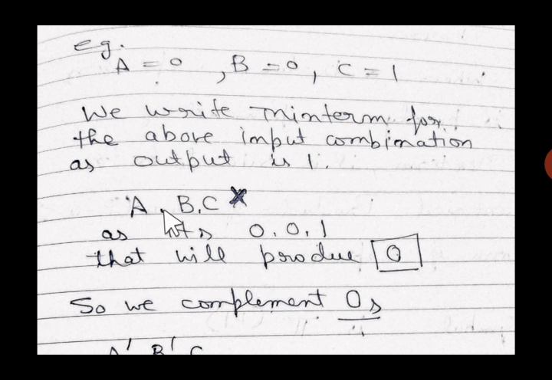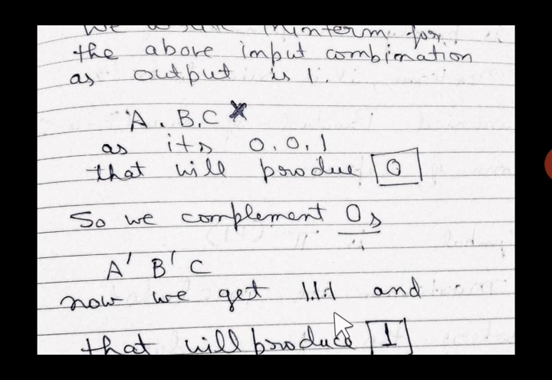So if we write just A dot B dot C, what happens here? A has 0 and B has 0 and C has 1, and it's a product. So it is going to produce what? 0. Because even if a single 0 is there in a product, it will produce output 0. So we complement zeros here. As a result of this, 0, 0, 1 becomes what? 1, 1, 1.